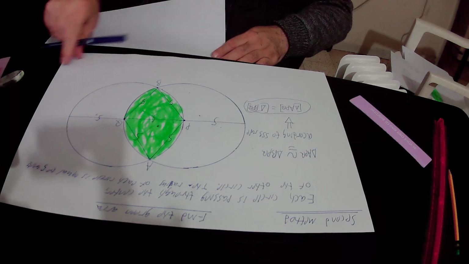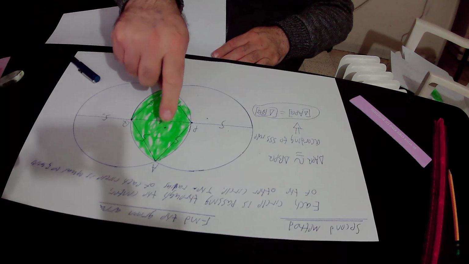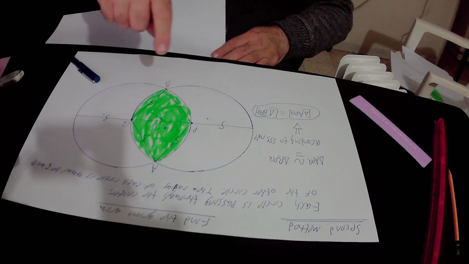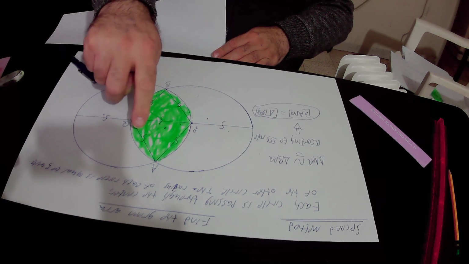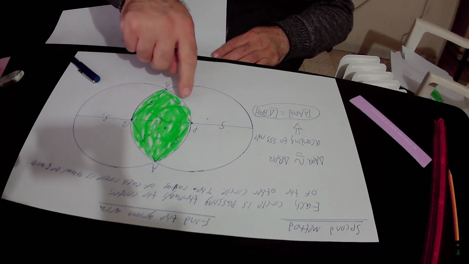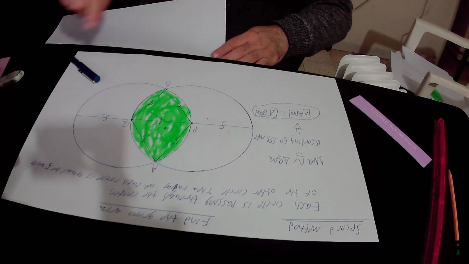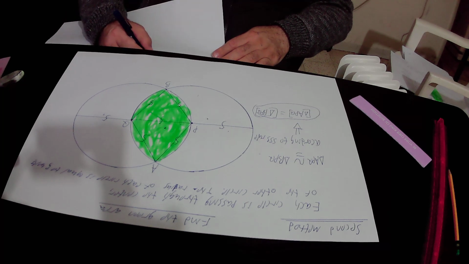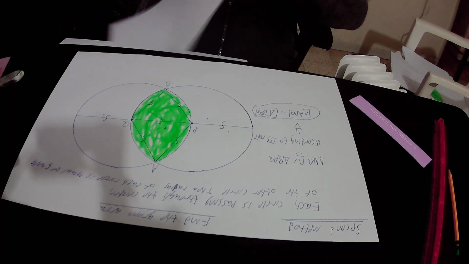So the area of this shape will be equal to the area of those two triangles plus the area of segment AQ plus segment BQ plus segment PB plus segment AP. Okay, so I will write it down.